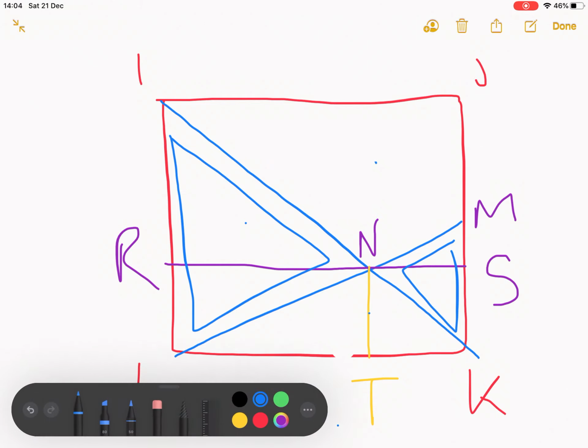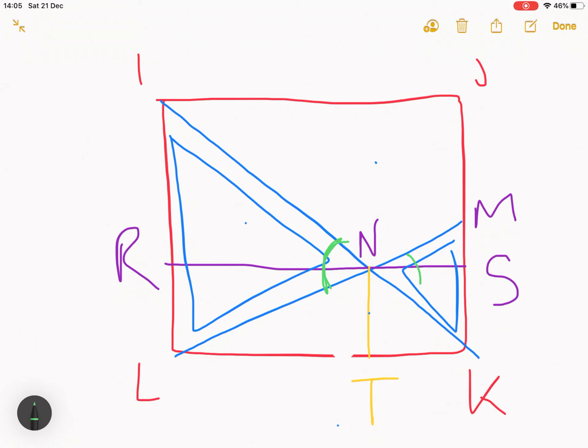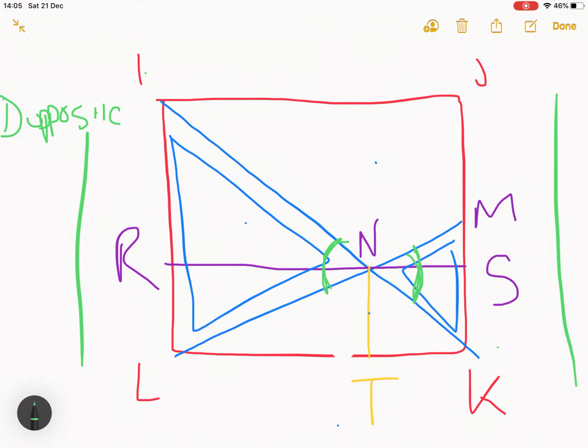We prove that they are similar because first they have opposite angles at this intersection, so that's point 1, opposite angles are equal. And then we also know that because I to K is a diagonal, and I to L and J to K are parallel, this angle here and this angle here are alternate, so they are the same as well.